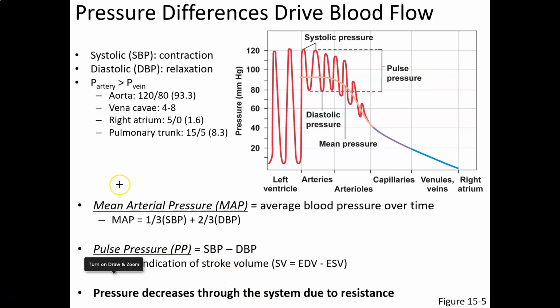So to get there, let's say that this person had a blood pressure of 120/80. If I want 1/3 of 120, 120 divided by 3, that's 40.